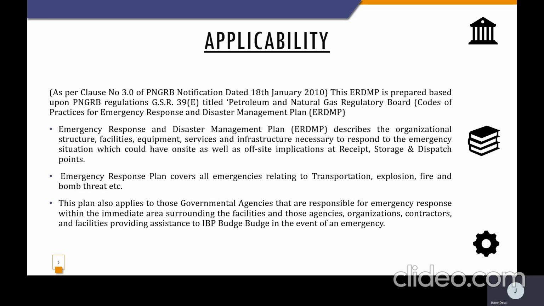Also, it should be covering things relating to transportation, explosion, fire, bomb threat, etc. ERDMP also applies to all governmental agencies, external agencies, and all the stakeholders of the organization, contractors, and facilities providing assistance in an event of emergency.